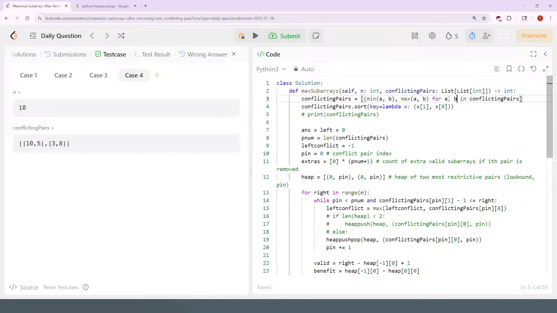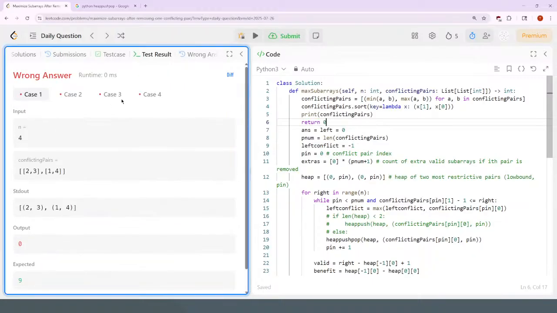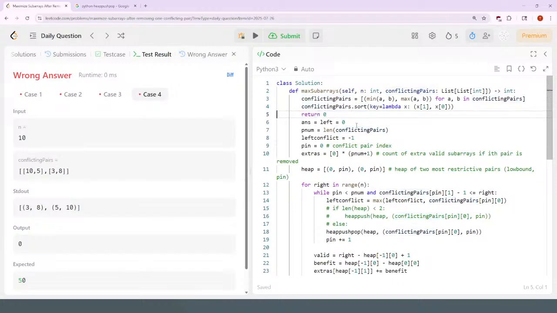For every 2-value element in conflicting pairs, make a tuple that is the sorted version of it. Okay, let's go ahead and just print that return. See if that works correctly. Okay, it didn't crash. I think it worked. Okay, so that part is fine.